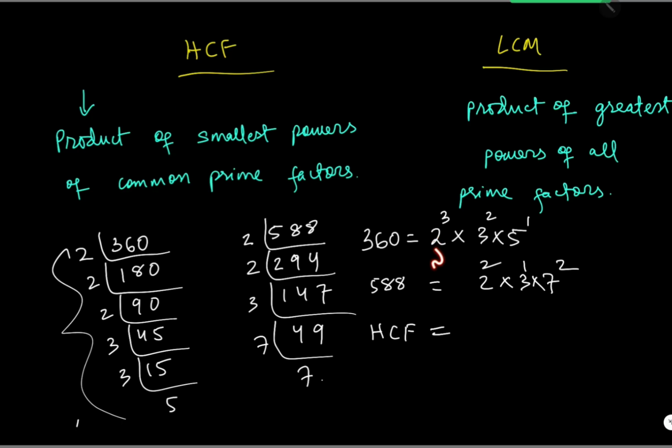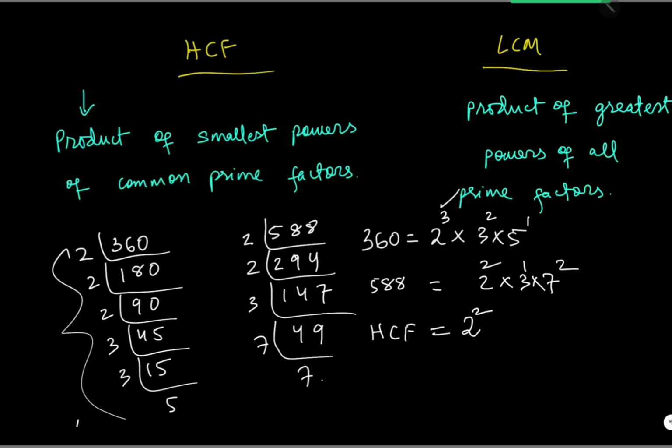First, let us check for 2. 2 I can find over here, and 2 is also here. That means I can consider 2 in our HCF, and I have to take the smallest power of 2. So over here we have 3 as power, and over here 2 as power. I will consider power 2.